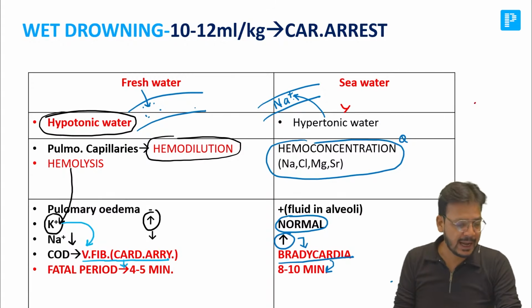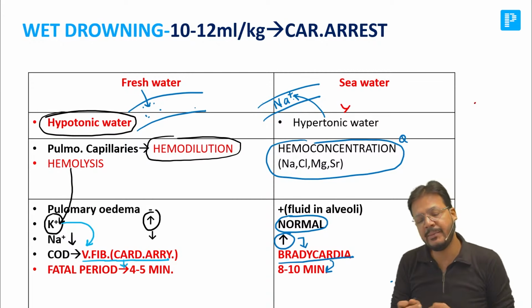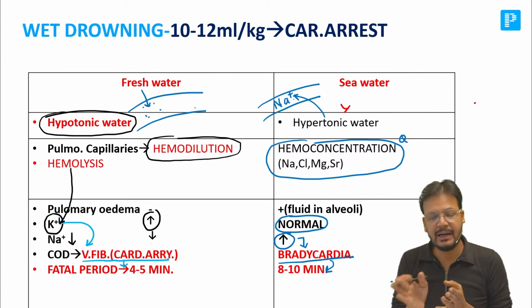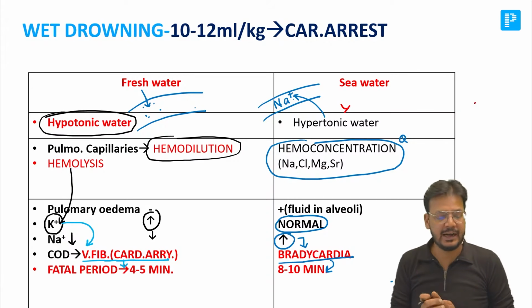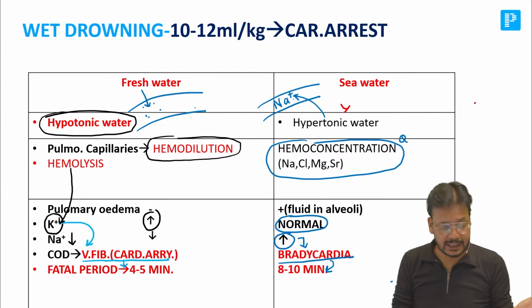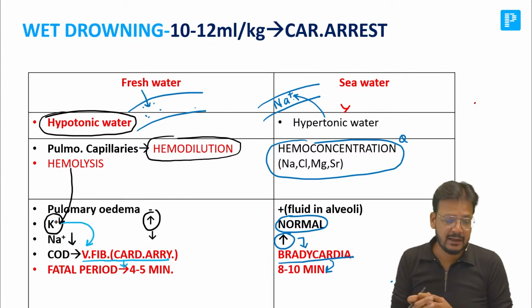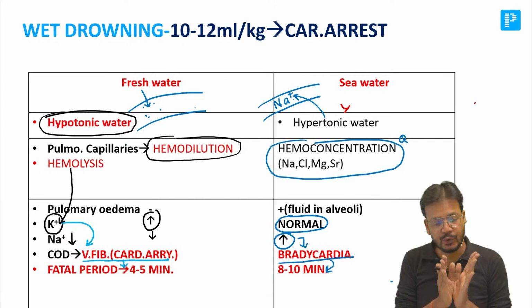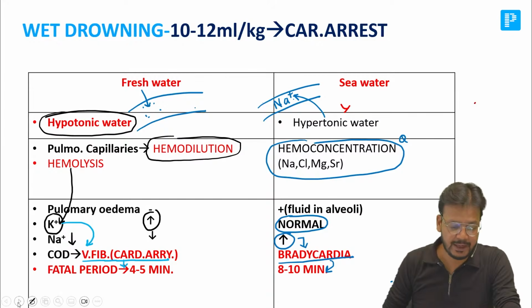Hyponatremia in freshwater, hypernatremia in seawater. Hyperkalemia causes ventricular fibrillation and hypernatremia causes bradycardia. So without any doubt, you will die earlier in freshwater drowning. Fatal period is 4 to 5 minutes, and in seawater, fatal period is 8 to 10 minutes. This is a very important comparison you can get in your exams.